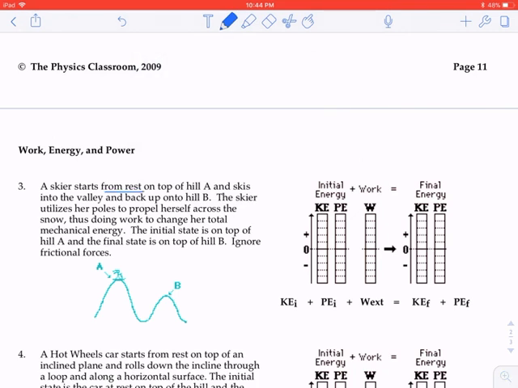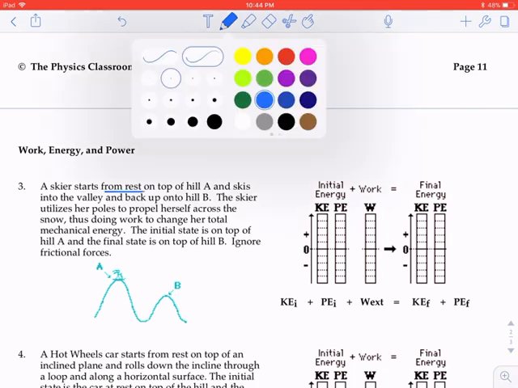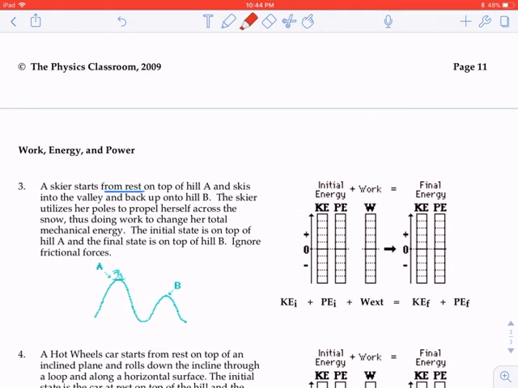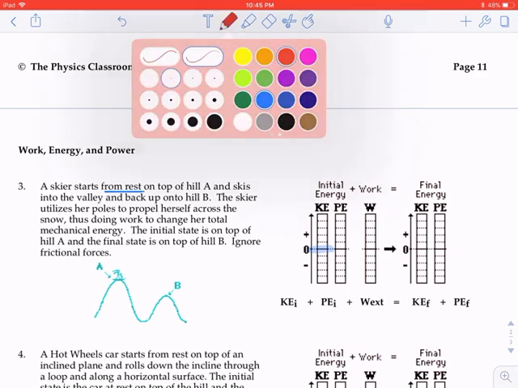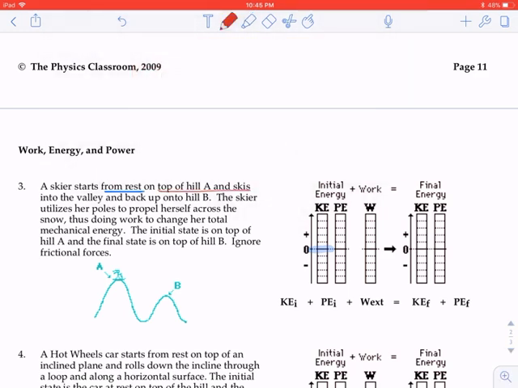So let's start with this first phrase about the skier starting from rest. That's a clue about speed. The skier starts from rest. That means the skier has no kinetic energy at the beginning. And then it says that the skier goes from the top of hill A and skis into the valley and back up onto hill B. So there's going to be a change in height from A to B. The height's going to drop a little bit.